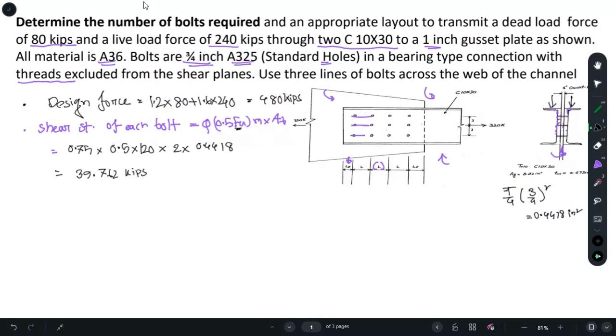So each bolt can withstand this much shear force, and your design force is 480.